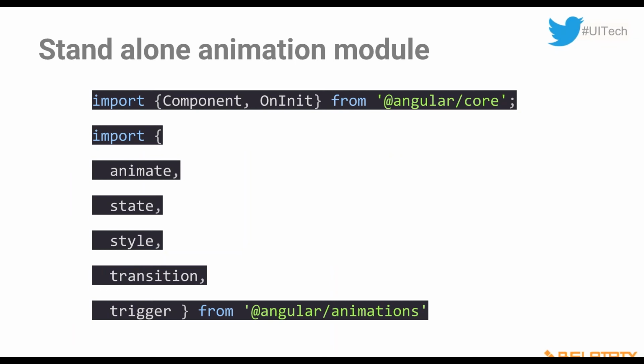This implies that if you want to use it, you have to install a separate module like any other module using npm, or yarn if you are using yarn. Update all the components that are using it and add these classes from the new module.